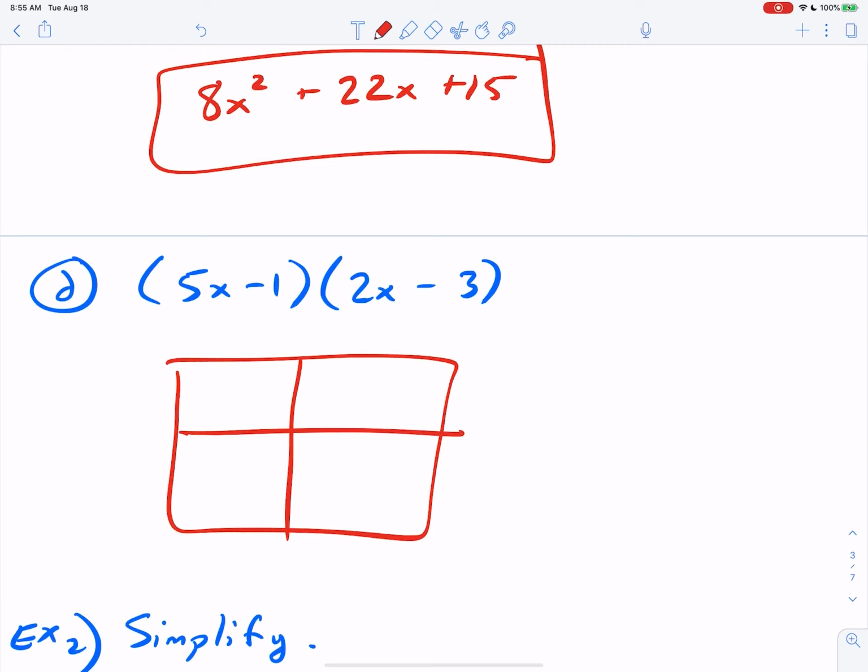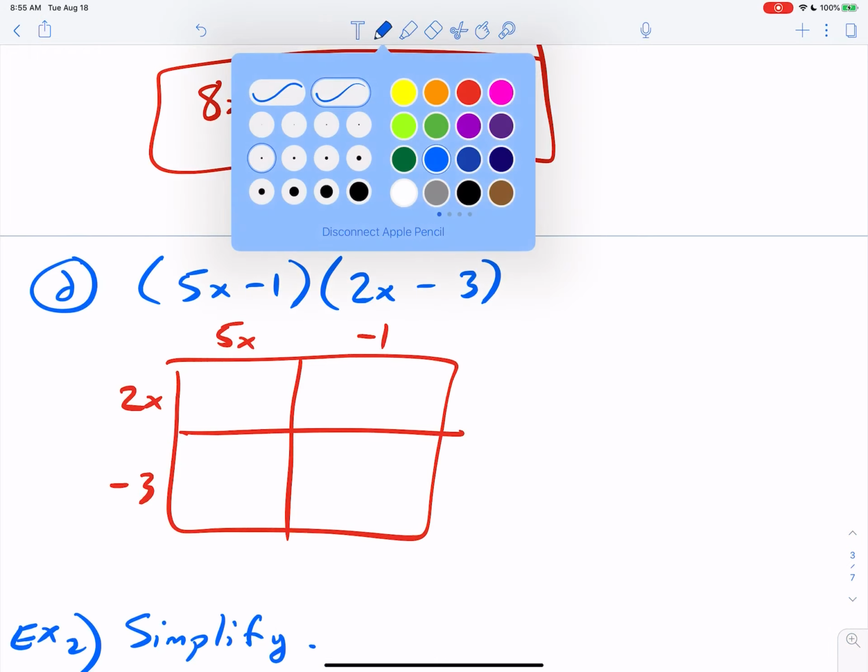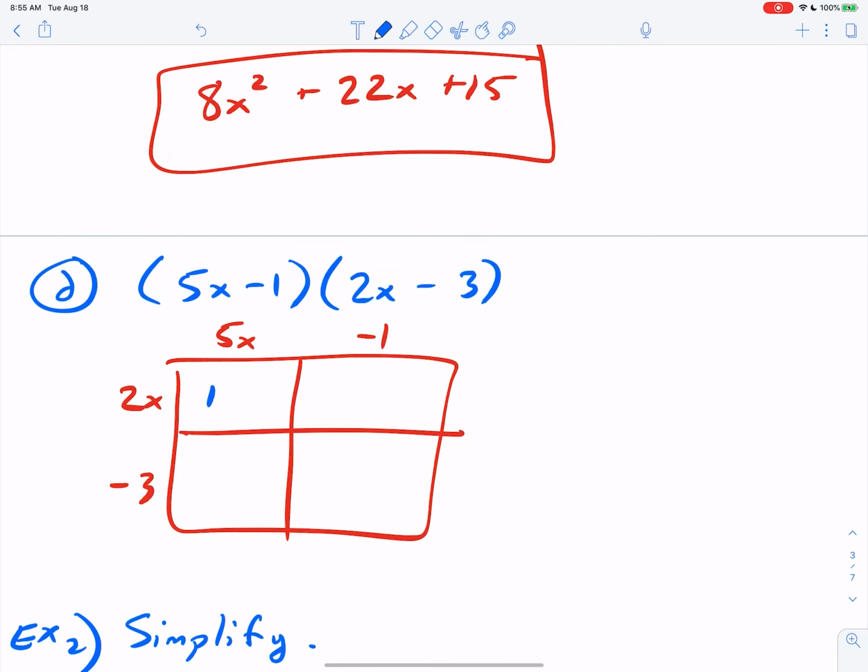So here I'll use the area model, 5x minus 1, 2x minus 3. So if I multiply the first box, I should get 10x squared, negative 2x, negative 15x, and negative 3 times negative 1 is positive 3. So you got to practice with your negatives. You don't want to get thrown off by that, okay?